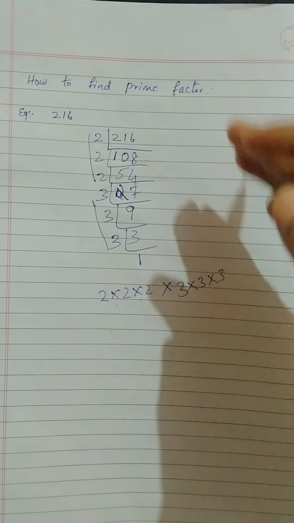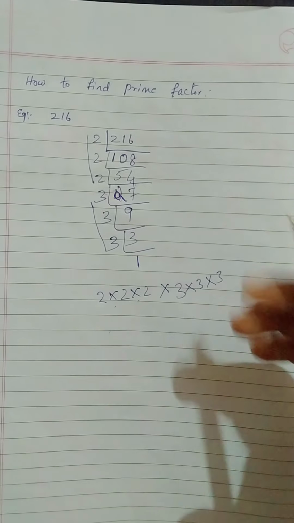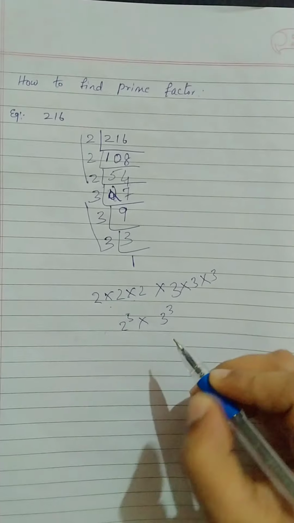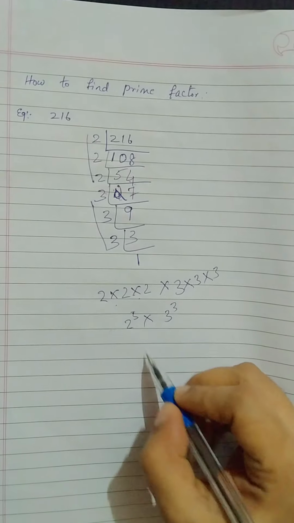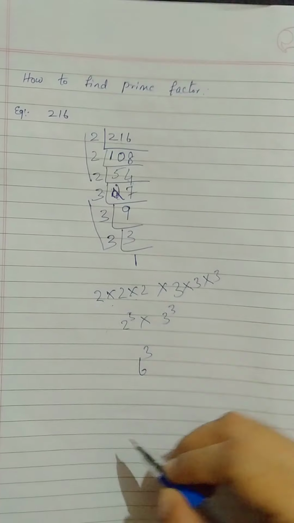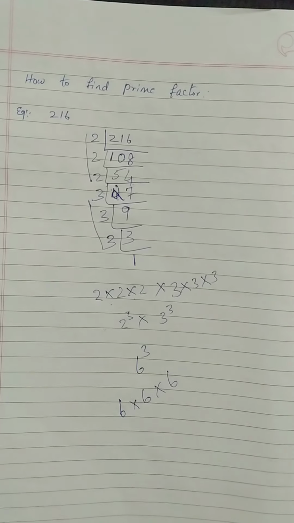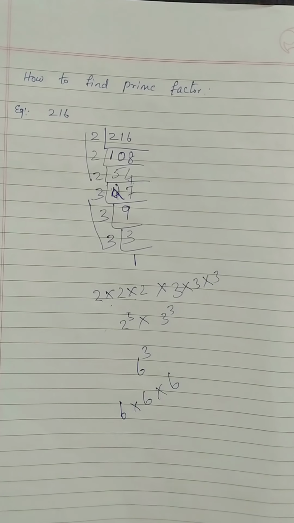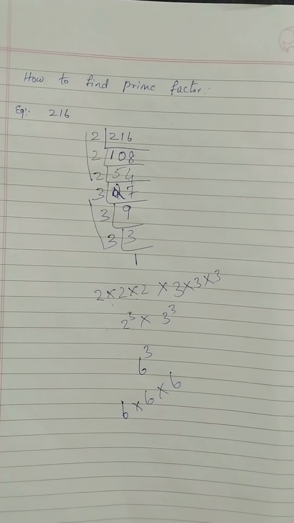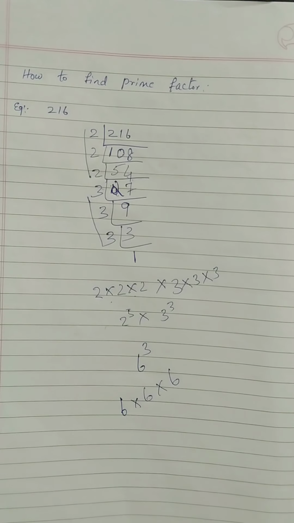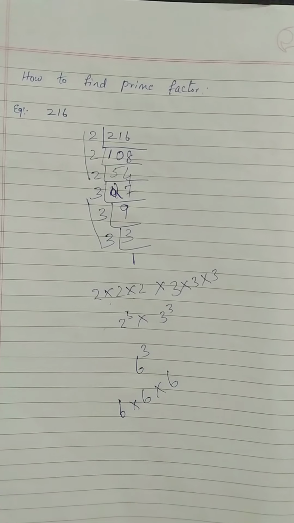This is how we find the prime factors of a number. So 2 cube into 3 cube, that will be 6 cube. So see, 6 into 6 into 6: 6 into 6 is 36, and 36 into 6 is 216.